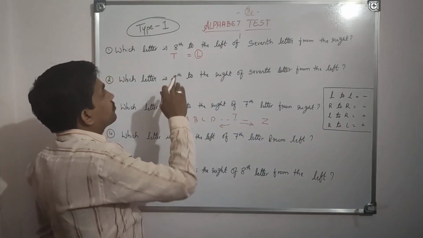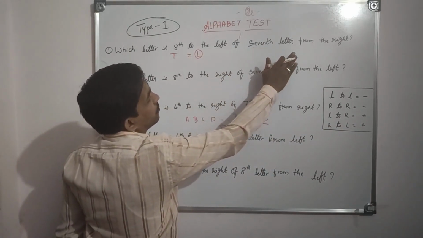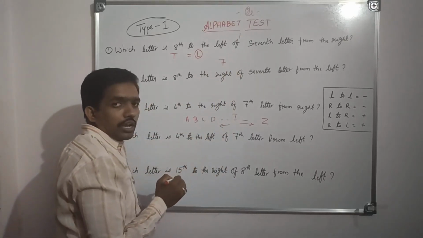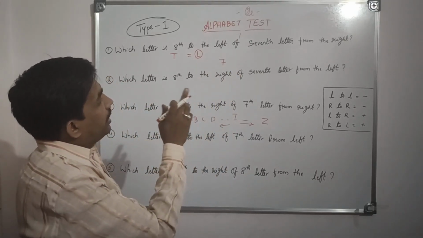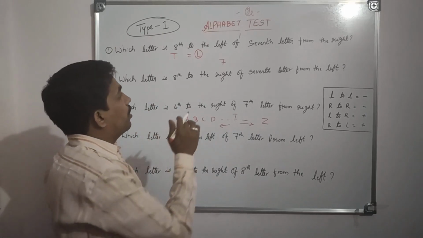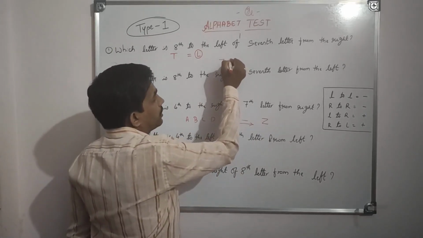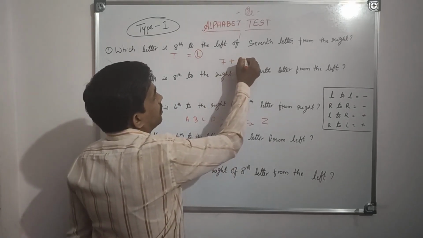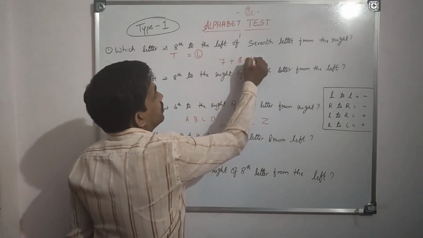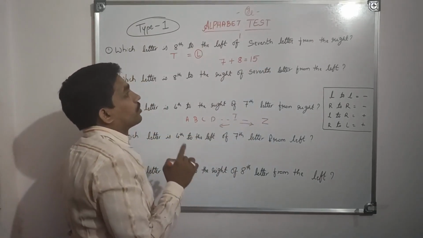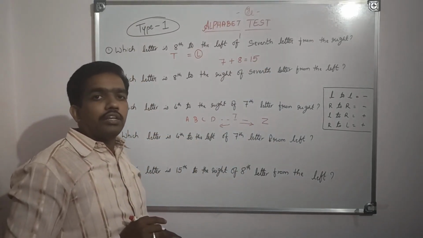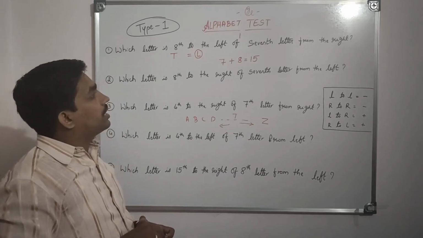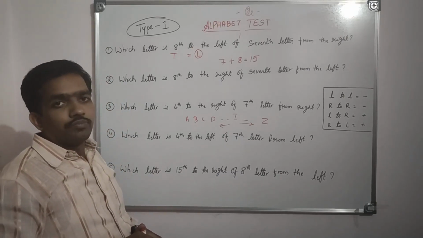So 7th letter from the right. Right and left both are given, then we have to add, 7 plus 8, which is 15. So the 15th letter from the right is L. L is our answer.